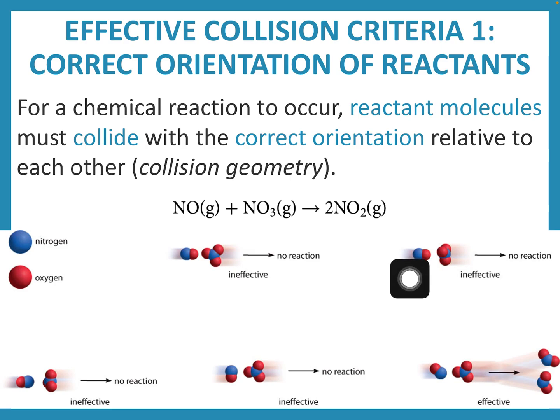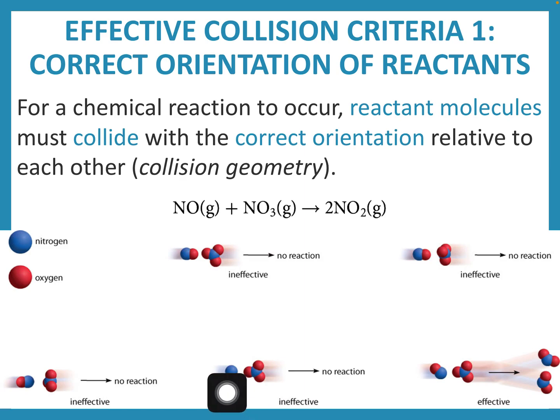So we have the correct atoms coming towards each other, but this doesn't create the right shape for nitrogen dioxide. So this angle specifically, which is the same angle that we see in nitrogen dioxide. So where the bonds are going to form, we need those 2 atoms to collide, and we also need the angle that it comes in at to be the same angle as what it would be in the product molecule.